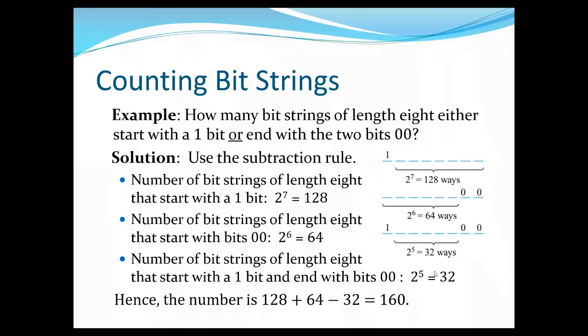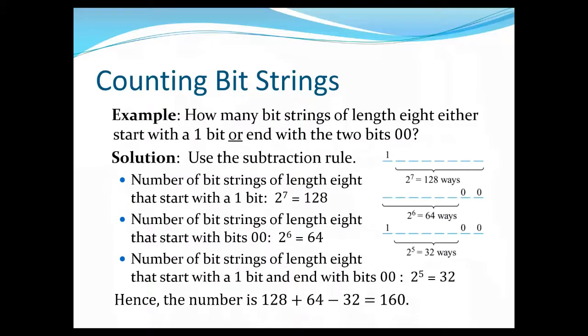Therefore, we subtract 32 from the sum of 128 and 64 to get the final answer. So we have 160. Okay, so that will be the counting of bit strings using the subtraction rule.